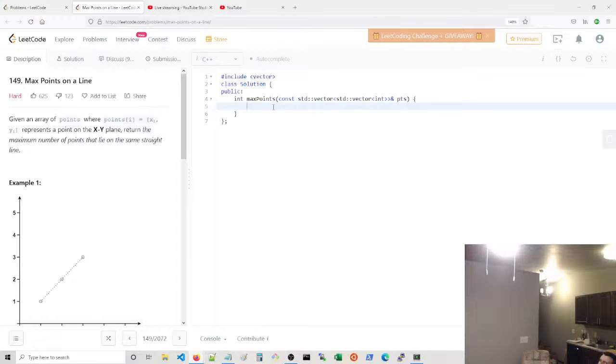I guess what you would do is take 1 point and take point slope form for all of the other points with regard to that point, and you can say that all of those points are on that line, right?